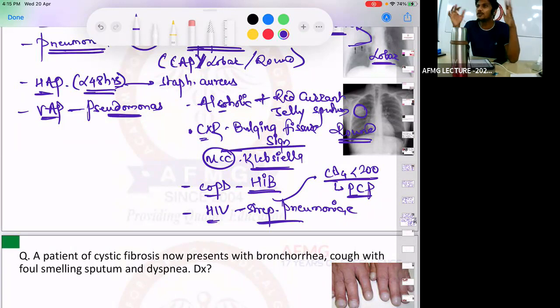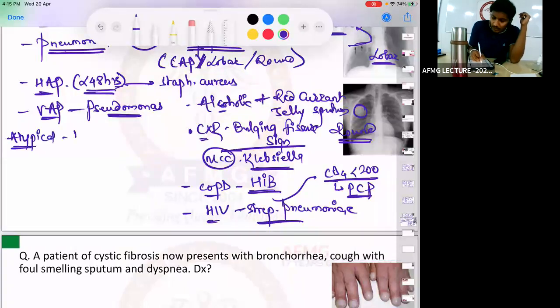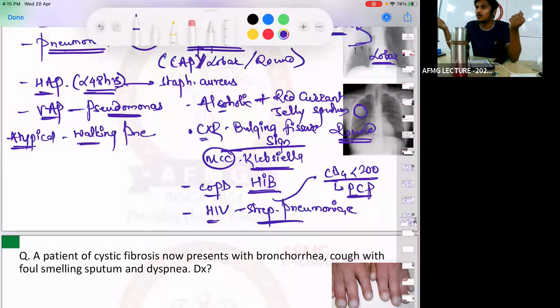Now, if I talk about typical pneumonia and atypical pneumonia, which would be severe clinically? Typical pneumonia is severe clinically. Okay, and chest X-ray will show us consolidation. Whereas atypical pneumonia is also called as walking pneumonia, because the patient does not have clinical symptoms, asymptomatic hota hai, but the chest X-ray will be very dirty.